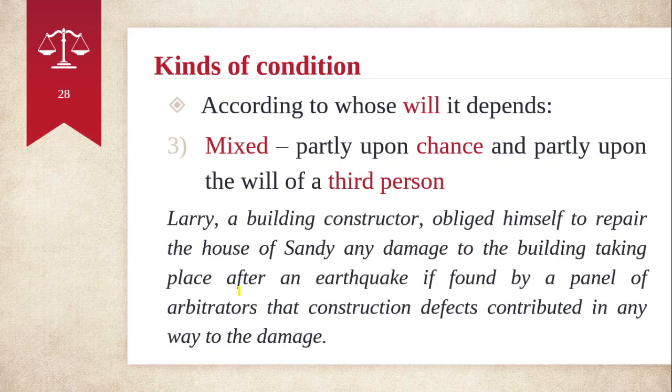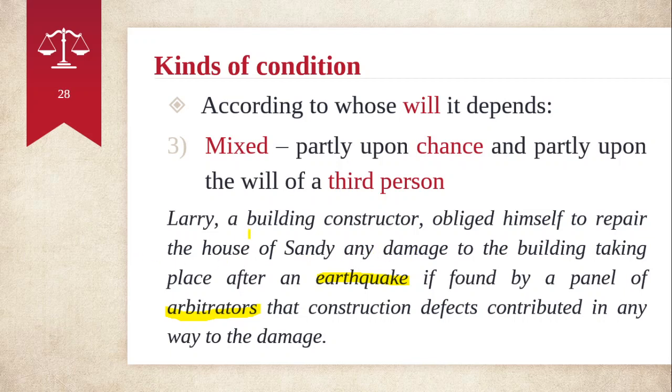Example, Larry, a building constructor, obliged himself to repair the house of Sandy any damage to the building taking place after an earthquake. Okay, that's the chance. If found by a panel of arbitrators, ito naman yung mga third persons, that construction defects contributed in any way to the damage. Okay?